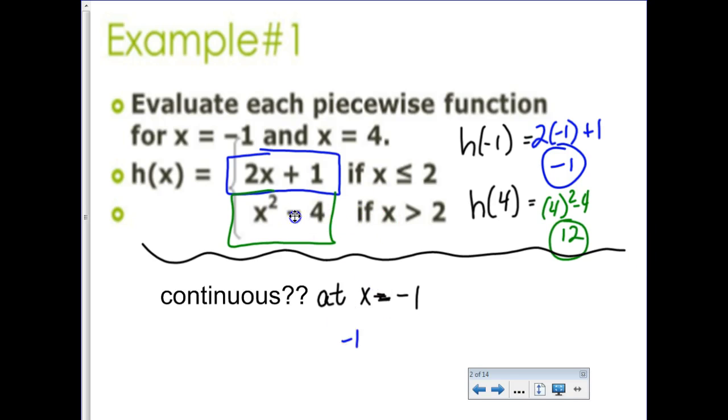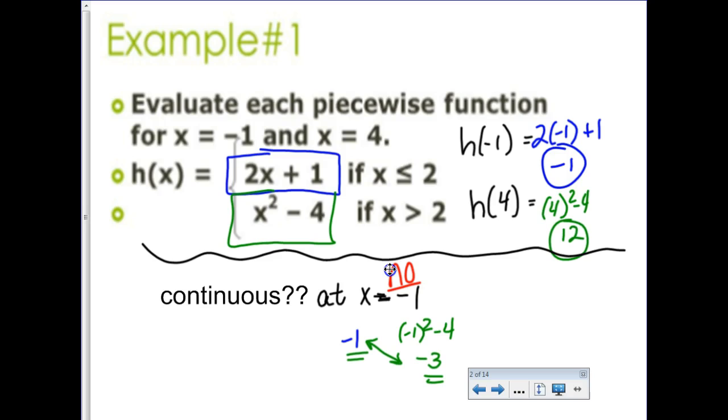But even though it's not defined at the green piece, you still have to plug it in there. So if you take -1, square it, and subtract 4, you get 1 minus 4, which is -3. Are we getting the same output value here? -1 versus a -3? No, we are not. So is it continuous at -1? No.